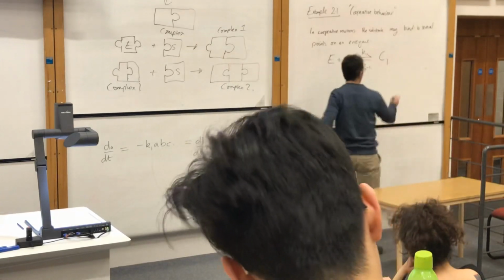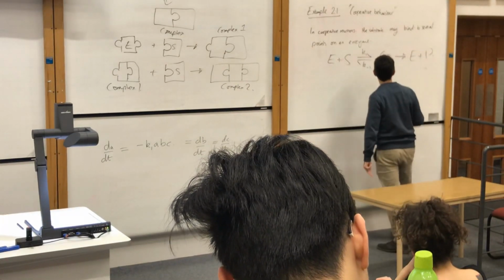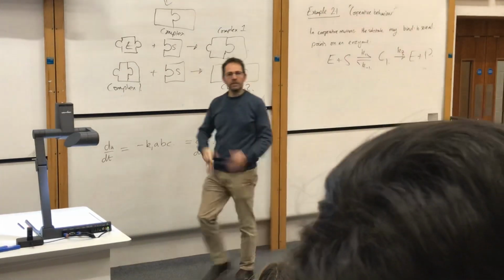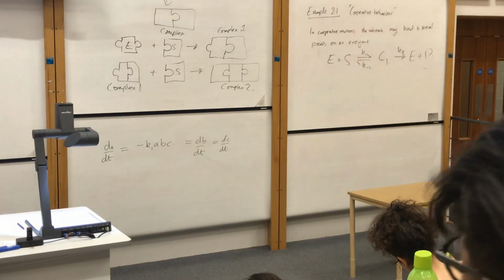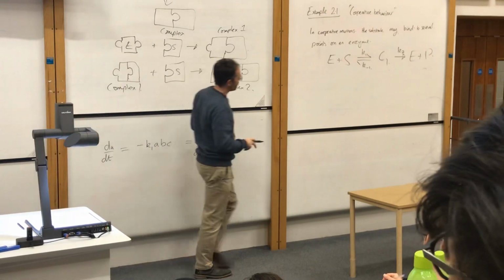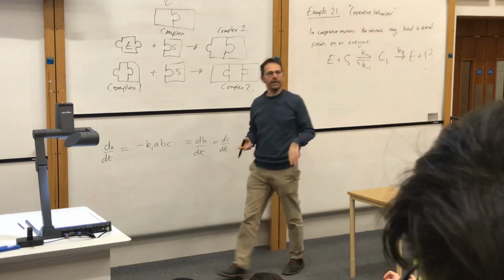So that C1 could then release the enzyme and form the product with rate K2. That part of it is exactly the same as the previous reaction. Enzyme and substrate form a complex, and then that releases the enzyme and creates the product in the process.